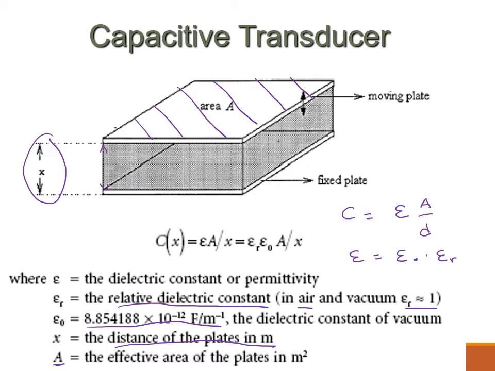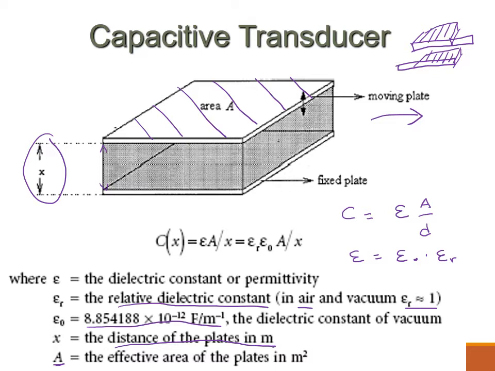But if the plate moves to this side, then the shared area will be reduced, because for example, we have two plates like this, and then one moved to this side. So the shared area is only this. This is the only area shared together between these two plates. So that is the shared area.